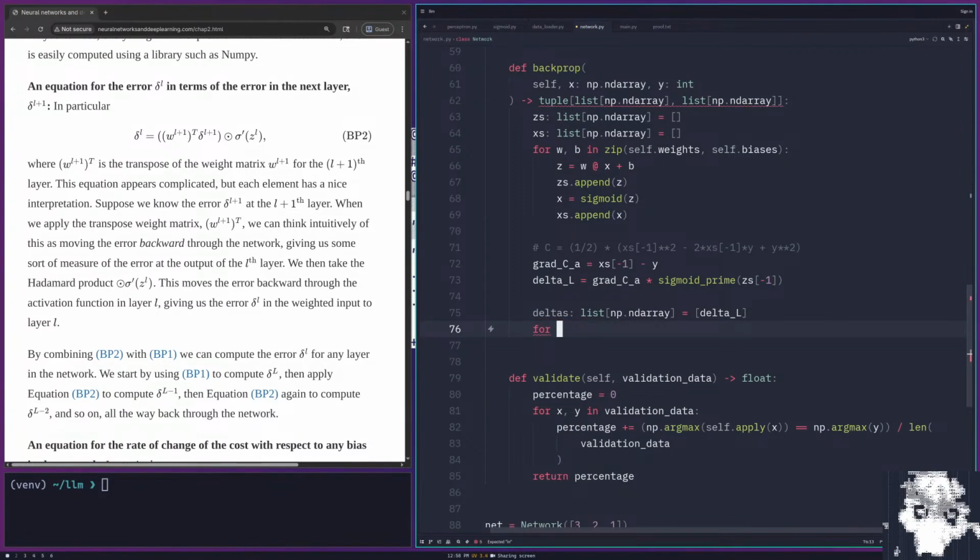So we only need the weights, right? Isn't that weird? We only need the weights.